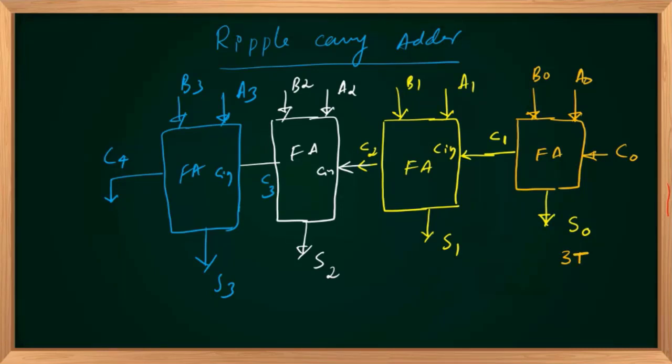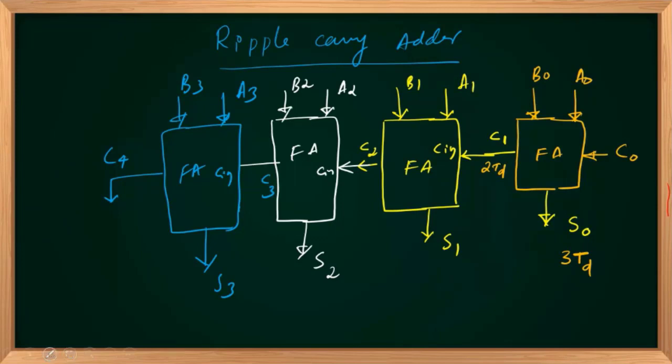So I'm calling it 3 times TD, T corresponding to delay. And we also said producing a carry out requires 2 times the gate delay. The gate delay I'm taking as TD for all logic gates.